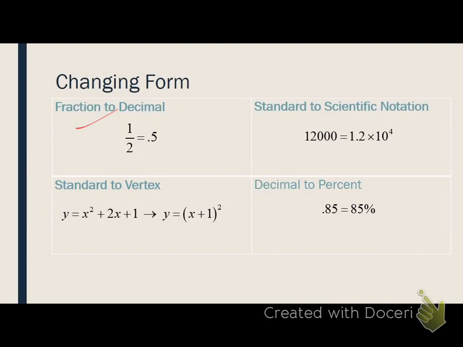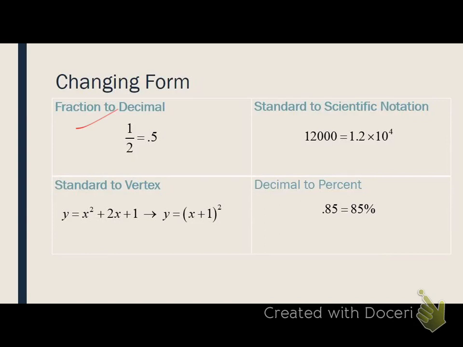Whether we're talking about fractions to decimals, sometimes it's helpful to have a fraction 1/2 if you're talking about graphing a line and slope. Sometimes it's helpful to change that 1/2 to a 0.5, make it a decimal, sometimes to make calculations a little bit easier. All these are examples of changing form. Standard number to a scientific notation, and science uses that a lot just because some of their numbers can get so large, but being able to write it a little bit more concise or a little bit more condensed version is helpful.